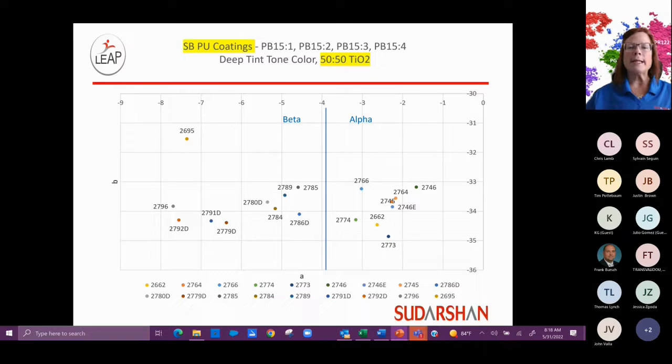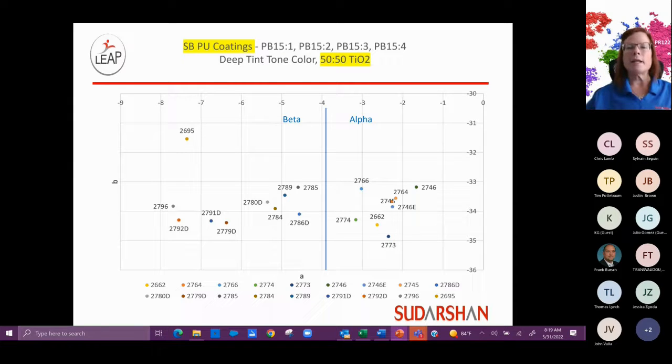And so you can see in this type of formulation that the yellowness and blueness are pretty narrow, which is what you would expect from blue colors. It's the red-green differences that you see. And I've added here the alpha-beta line between the two types of crystal structures.